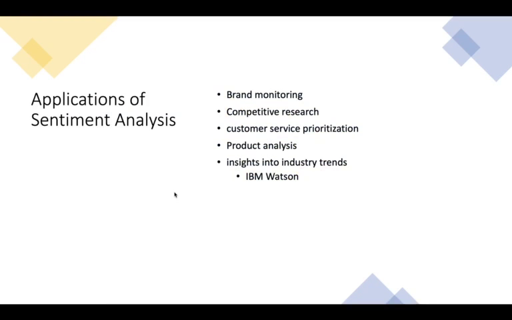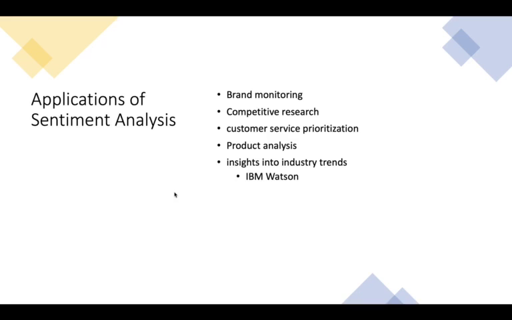So applications of sentiment analysis. As I said, it's brand monitoring, competitive research, customer service prioritization, and product analysis, like how the trends are in the industry. If you look at IBM Watson, it's a complicated version of sentiment analysis.